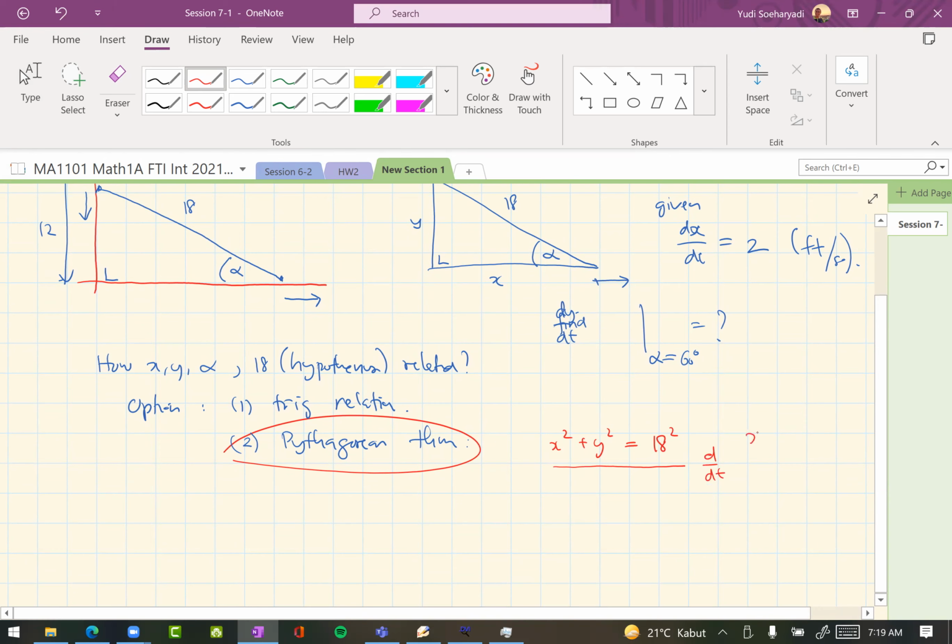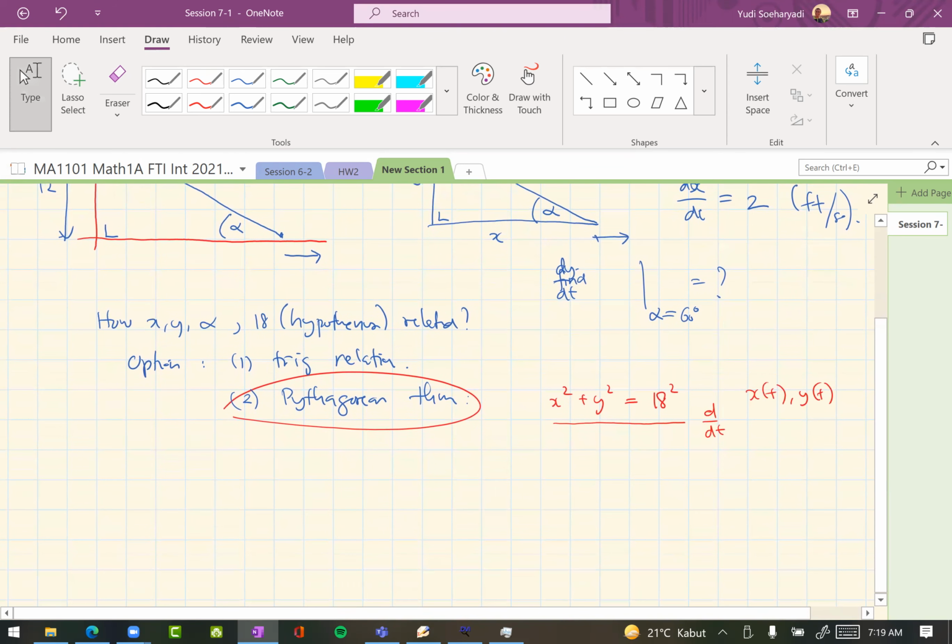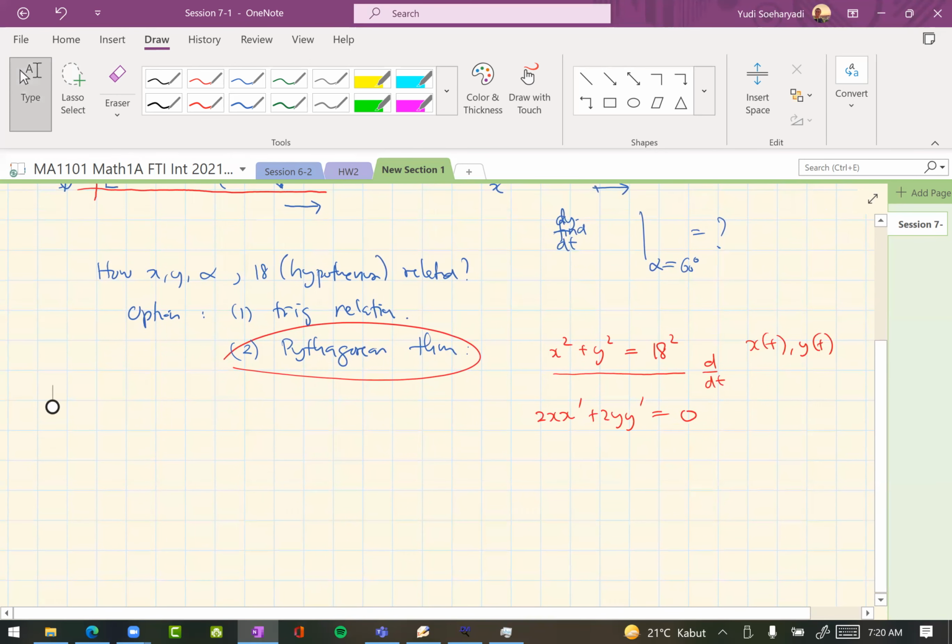Remember that x is a function of t, and y is also a function of t. So when you take the derivative, you have 2x x prime, where x prime is dx/dt, plus 2y y prime equals 0.